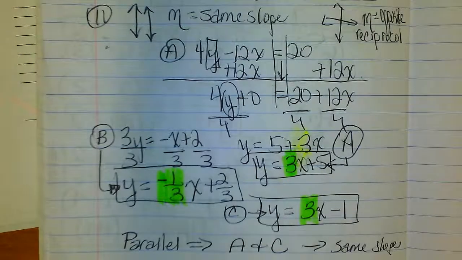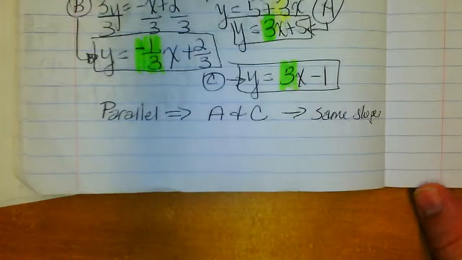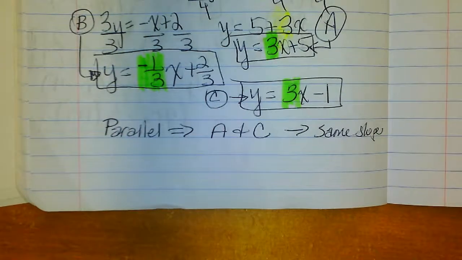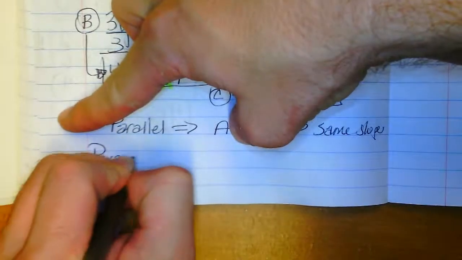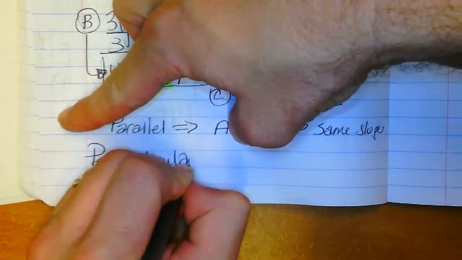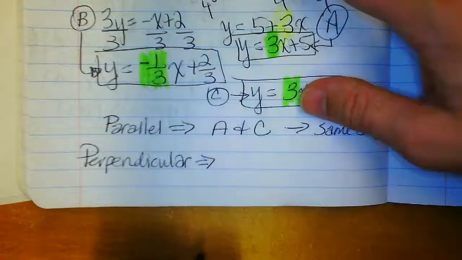All right, let's talk through perpendicular lines. We just need to get through half of a one quiz. Just half of a one quiz is what we're doing. All right, perpendicular lines.